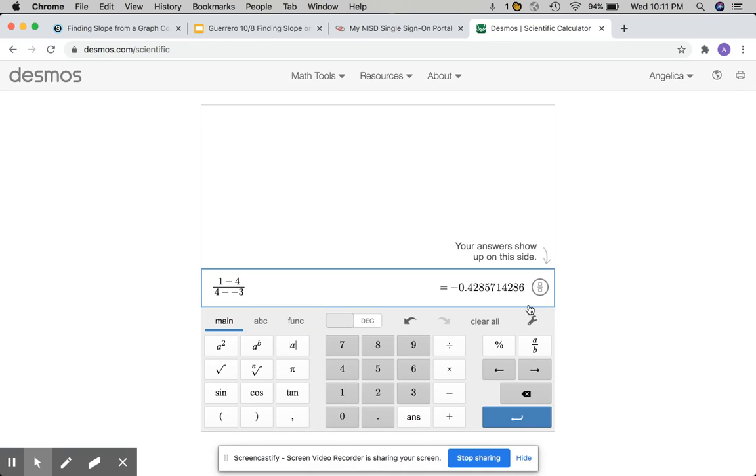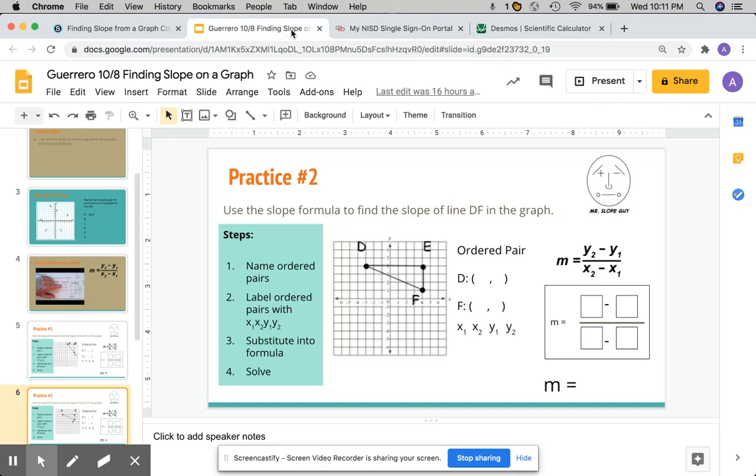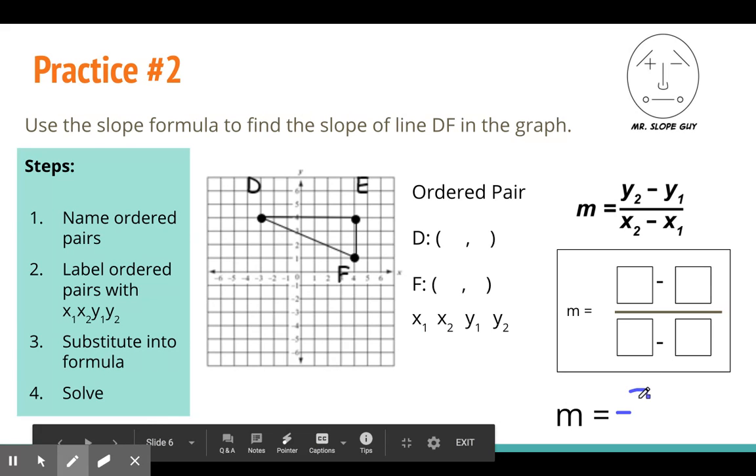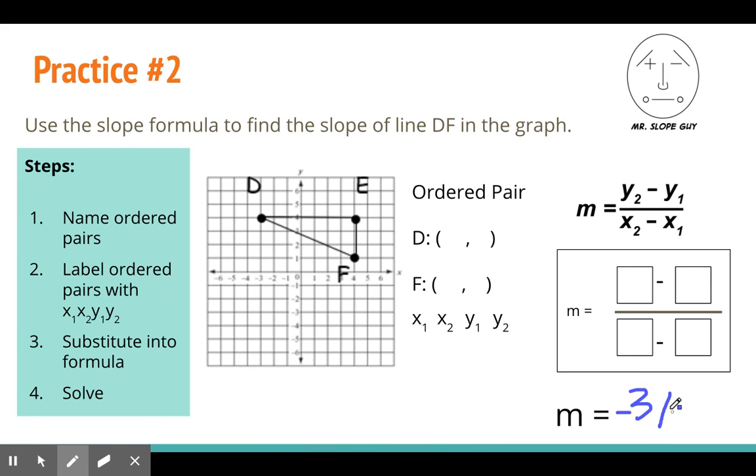Don't forget, you're going to get that long decimal, but you remember, convert it to a fraction. Negative 3 over 7. That's because 1 minus 4 is negative 3. 4 minus a negative 3 is 4 plus 3, because minus a negative becomes positive. This entire fraction is negative because of the negative 3. So we're going to go back and we're going to type in our answer as negative 3 over 7, and you leave it as a fraction.